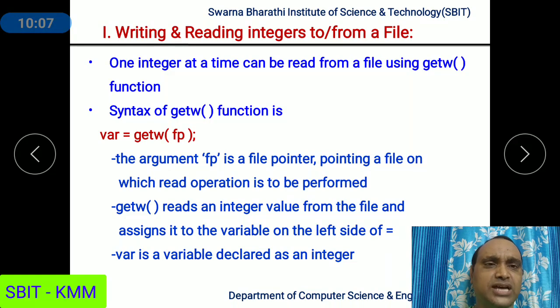Only a set or group of values is written to the file. Now, how do we read this set or group of values from the file? For that, we can use the getw function.